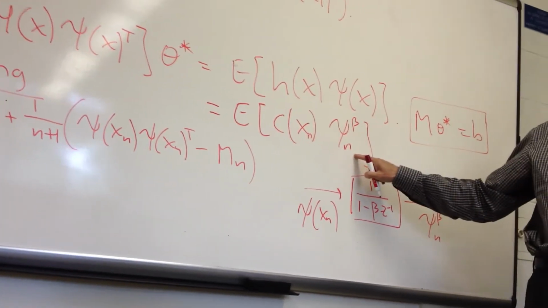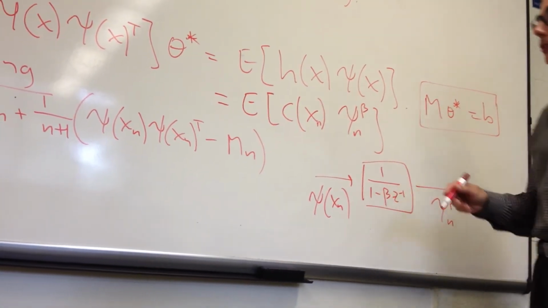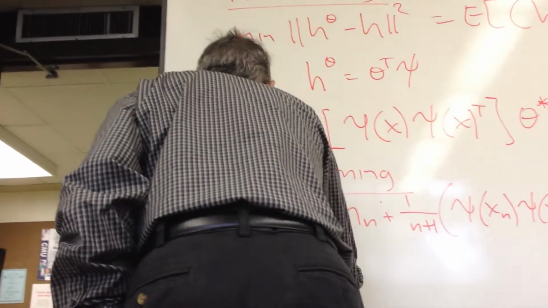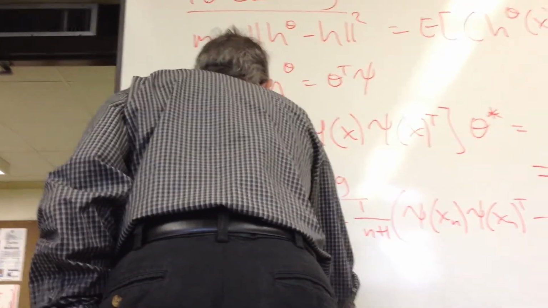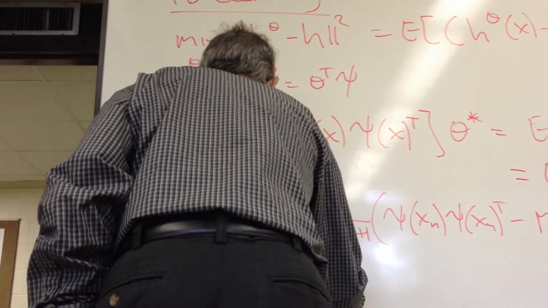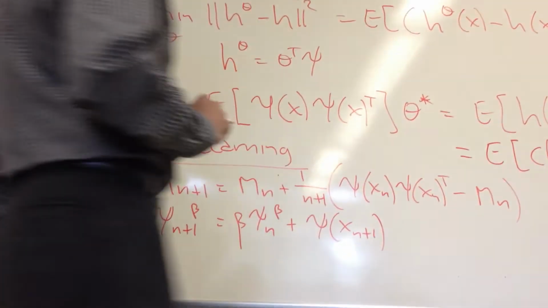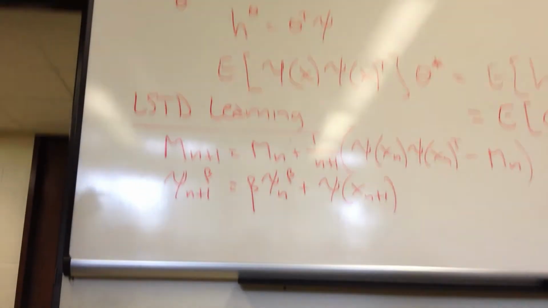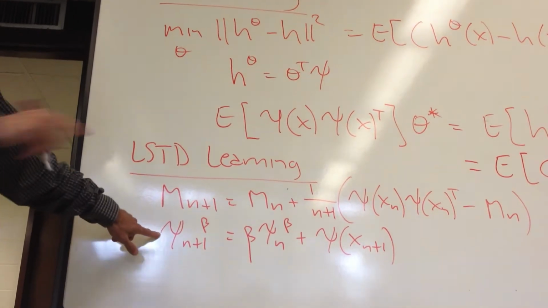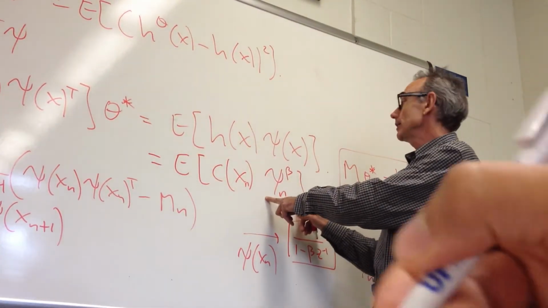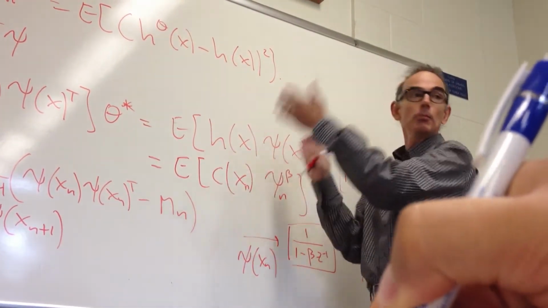Well, I just told you, you pass psi through a low-pass filter. So that's what I meant by that block over there. And then finally, we're trying to estimate the expectation of this low-pass filtered psi term in C. We'll multiply them together and average.